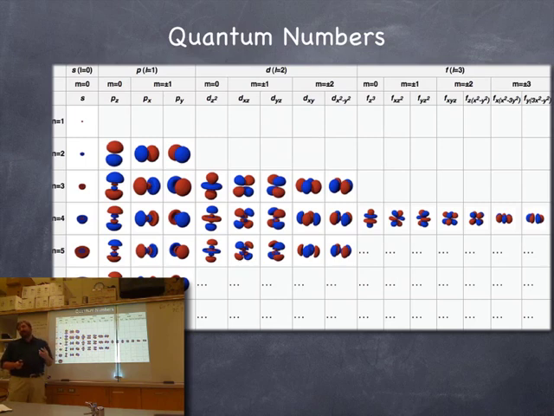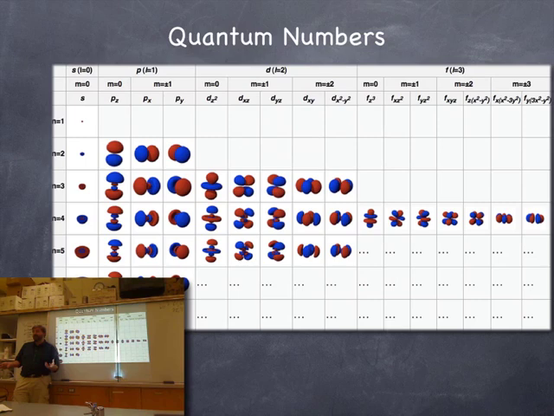It represents the angular momentum of the electron in that orbital, which is not meaningful to you. What is important for us is that this L value determines the shape of the orbital.